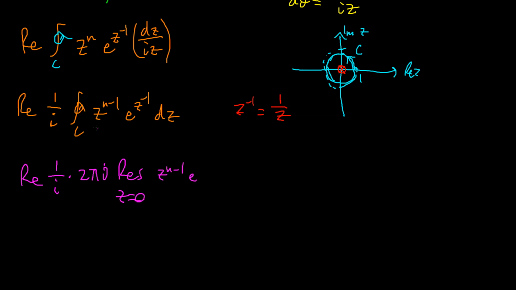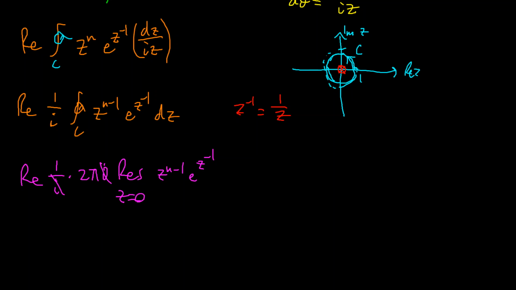So I'm evaluating the integral indirectly. Now, if there were other values of z that blew up the integrand, we would have to add the residues together. But because there's only one, it's just a single residue here. So the i's cancel out, and the question now is to evaluate the residues.